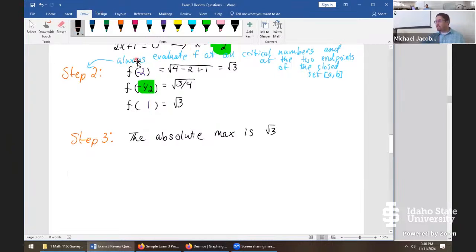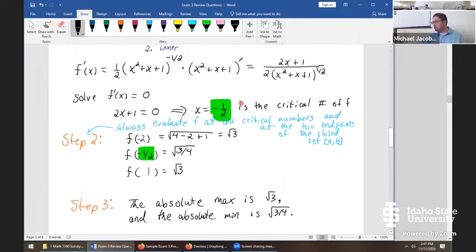It's obtained two different ways, at -2 or at +1, but we only need to state the maximum once. And we can also say, and the absolute min is square root 3/4. So that satisfies the closed interval method on this one.